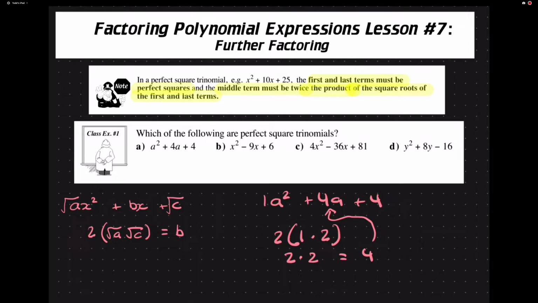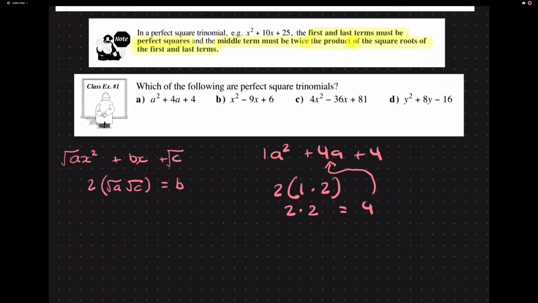So in this case, it is a perfect square, where we would break it down into two binomials. a plus 2, a plus 2. The signs are the same, they're both positive, and that second term in each binomial would be 2.